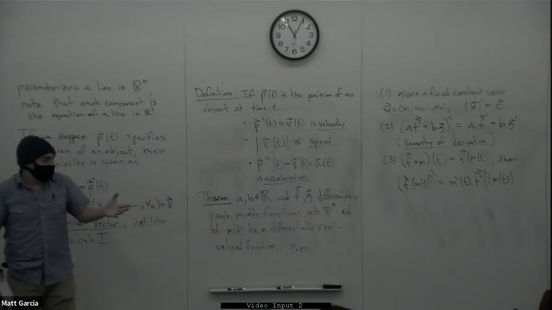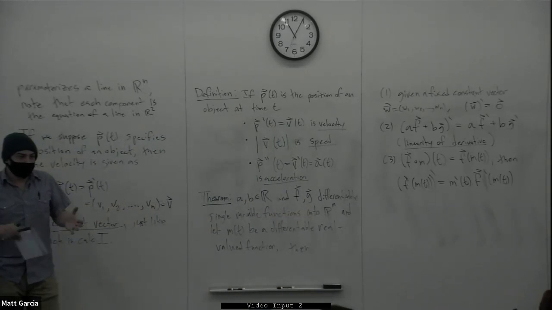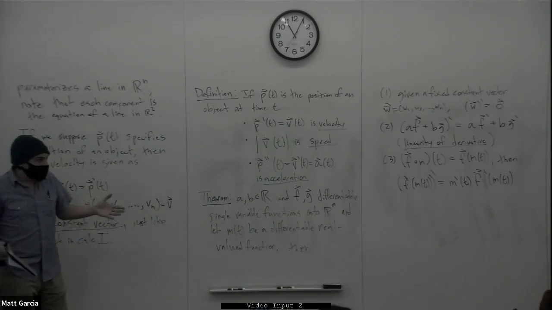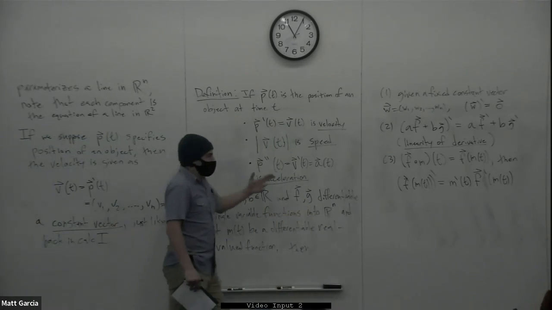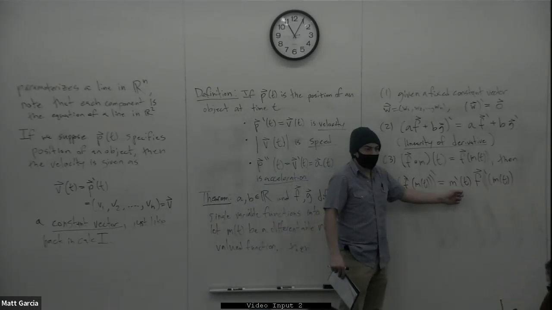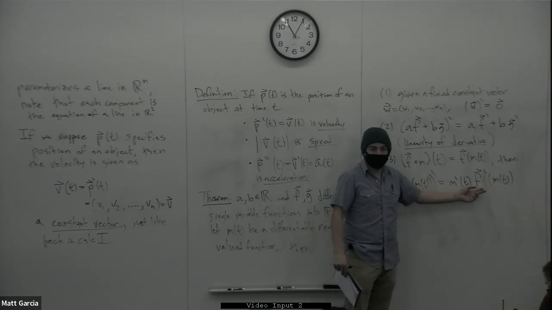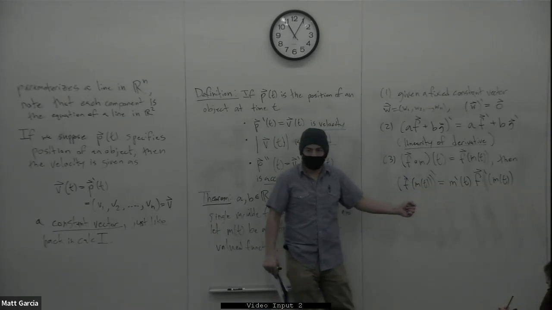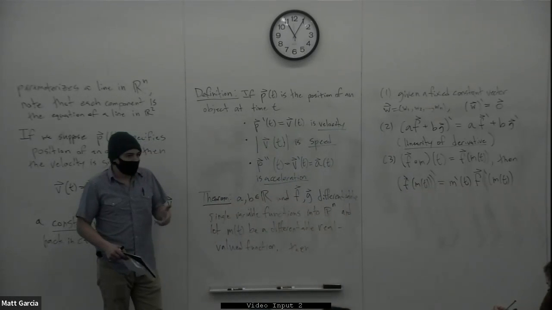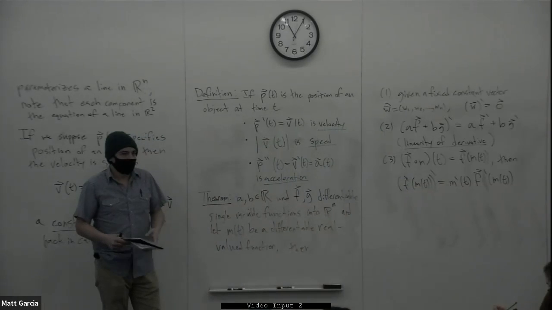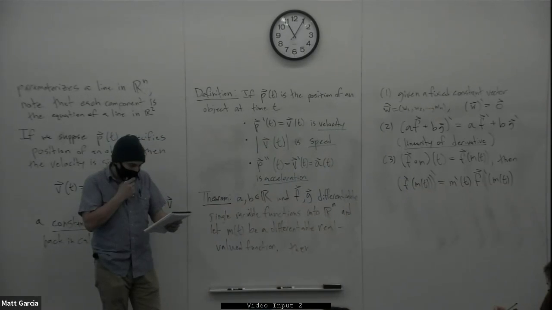It doesn't matter, scalar multiplication is commutative, it can go on either side. But it's conventional to write scalars to the left of vectors. So this emphasizes that m prime of t is a scalar function, scaling this vector valued function f hat prime. This is all notational stuff that might seem somewhat foreign or hard to keep track of, but it takes a little bit of practice to get used to it.